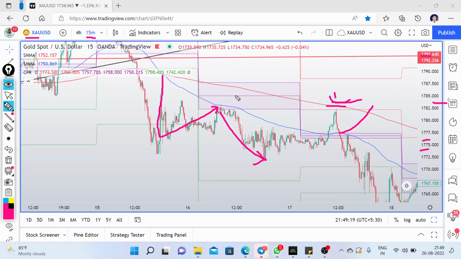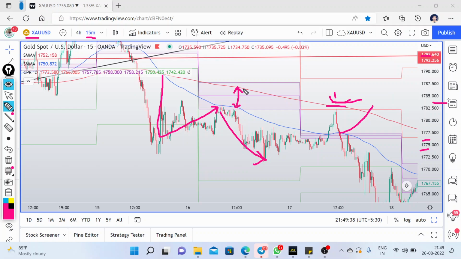And one thing that you also have to keep in mind is the distance, or the difference, between the 50 and 200 period moving averages. I already talked about this type of crossover before on the channel.